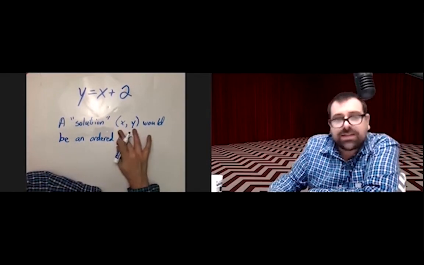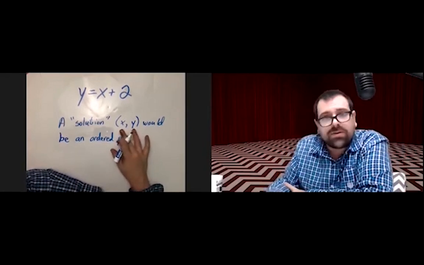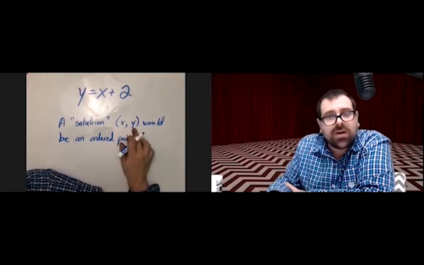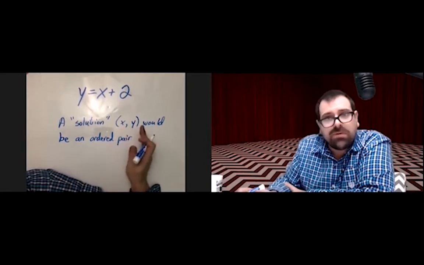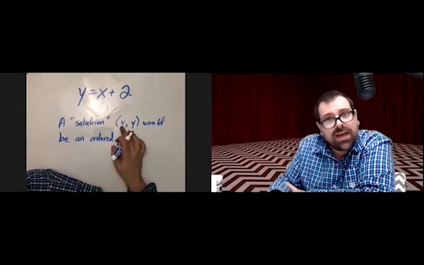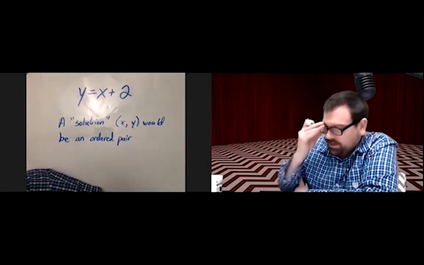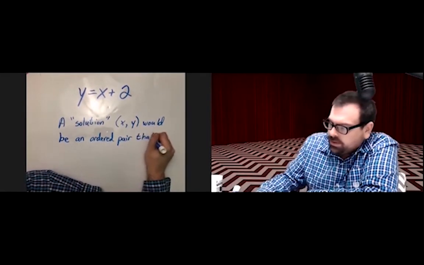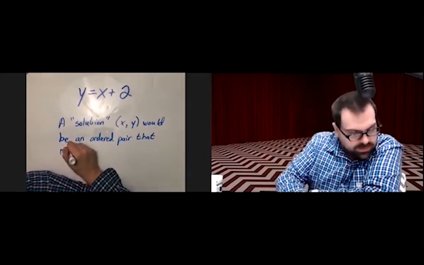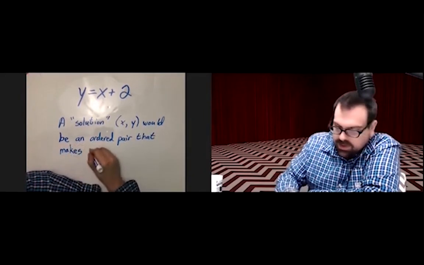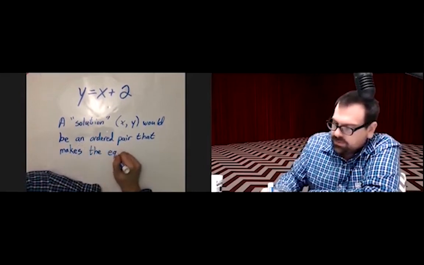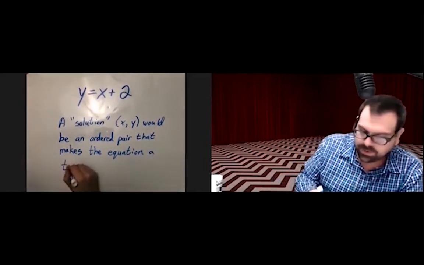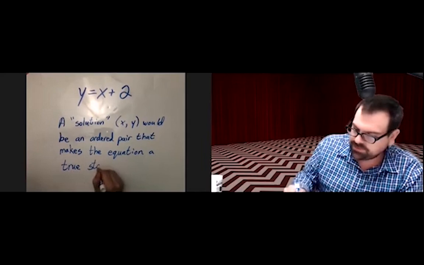And by the way, that's what we call these, ordered pairs, because order matters. It's a pair of numbers where the order matters. The first is always x, the second is always y. If you switch them around, it wouldn't be the same thing. So a solution (x, y) would be an ordered pair that makes the equation a true statement.